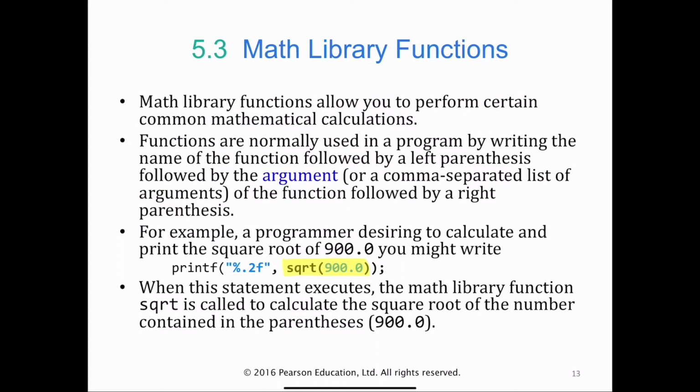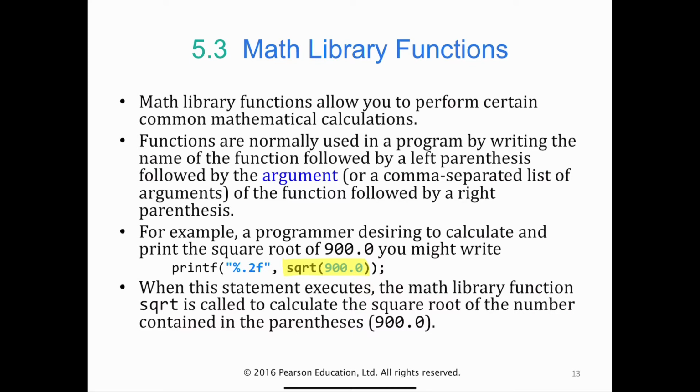Now, let me show you an example of a function from the math library that I just mentioned. There's this function sqrt that you see highlighted over here. sqrt is shorthand for square root.